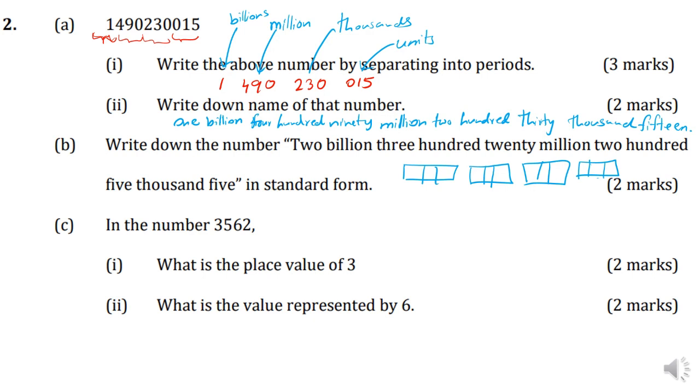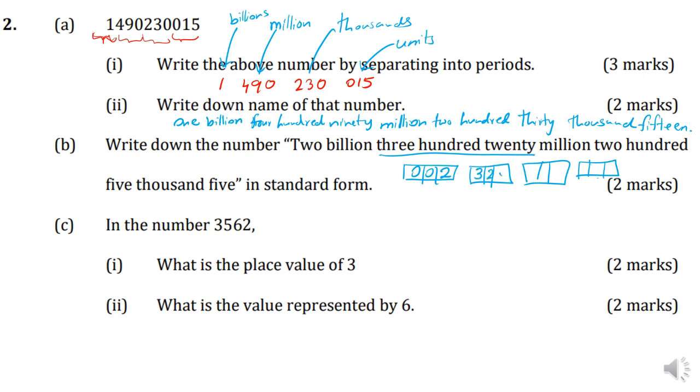So let's separate these 3 digits. How many billions? 2 billion, right? There are only 2 billion. How many millions? 320 million.